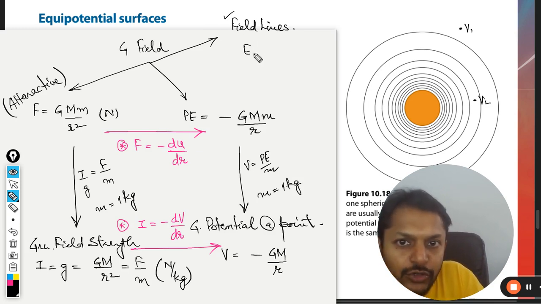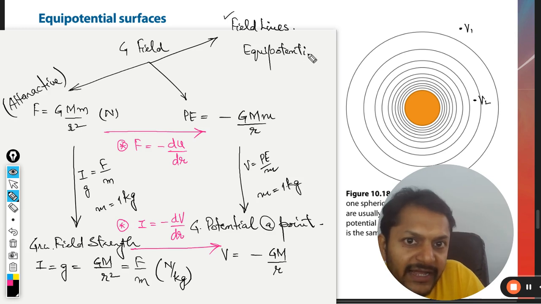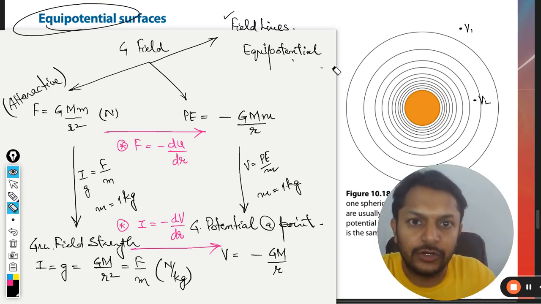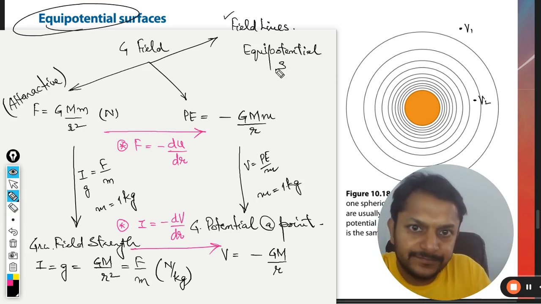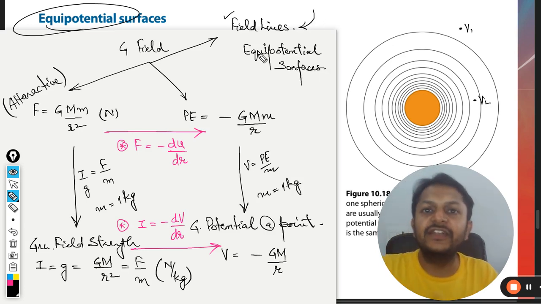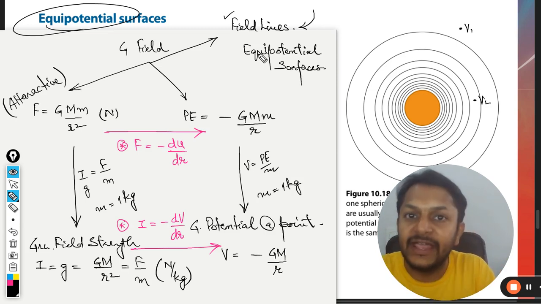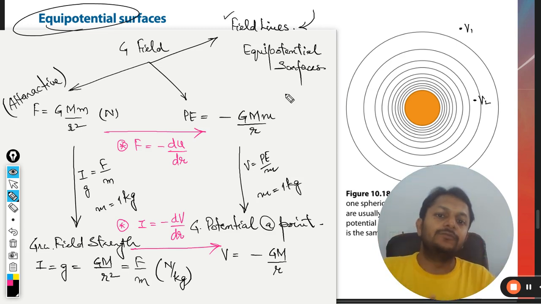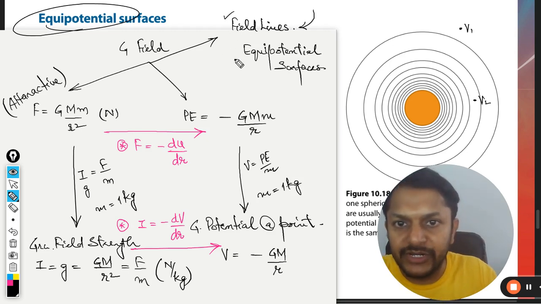And at that time, I told you that we will be doing equipotential lines later. So today we are going to learn about the equipotential surfaces, sorry, not lines, surfaces. Electric field lines or gravitational field lines are lines, but the equipotential is the surface.